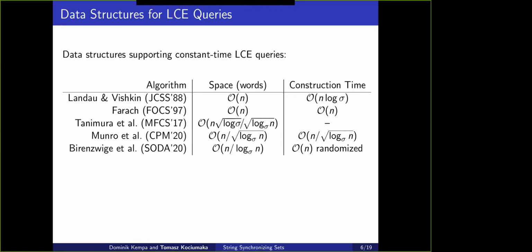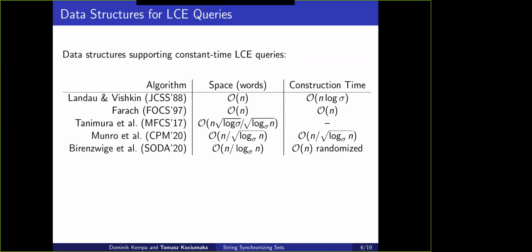Then an early version of the paper, an arXiv preprint of the paper which is going to follow my talk at this CPM, implicitly gave some improved LCE data structures. Namely, it allows shaving a square root of a log base sigma n factor both in the space complexity and in construction time. So this is the square root of what we would ideally like to shave.